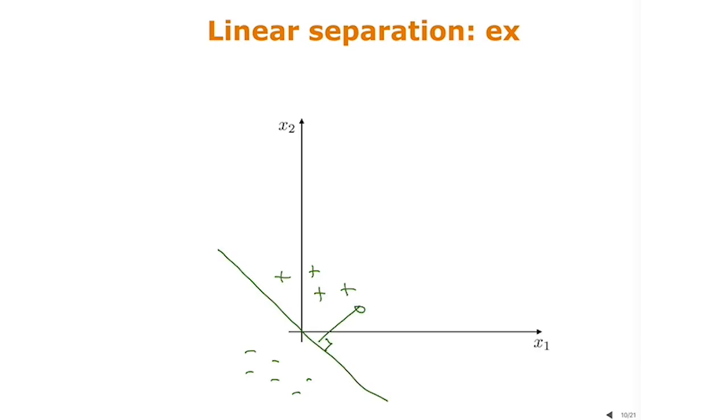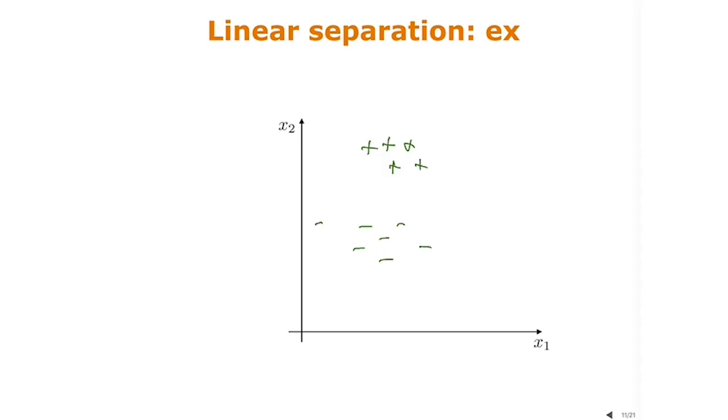If I take an example of another training set here, positively labeled points, negatively labeled points, these are no longer separable through the origin. That is, there is no linear classifier through the origin that correctly classifies these points.